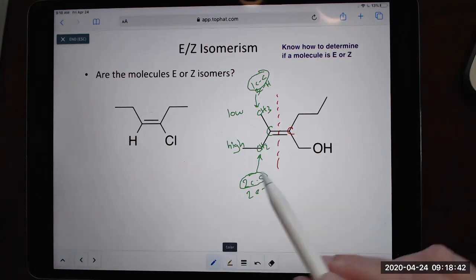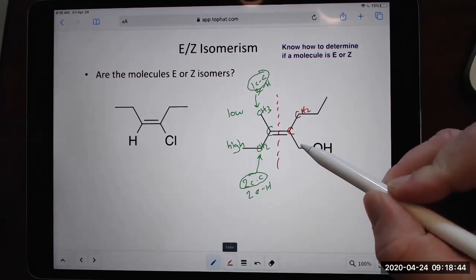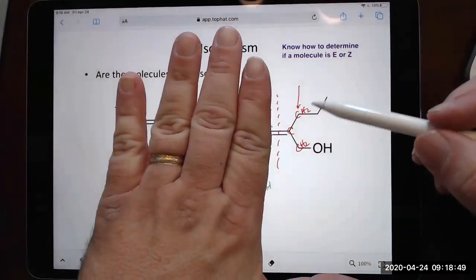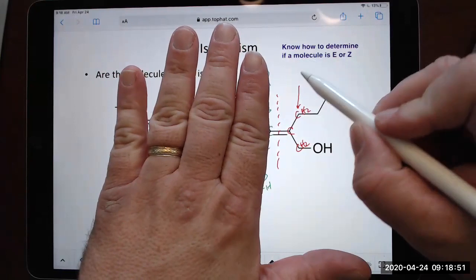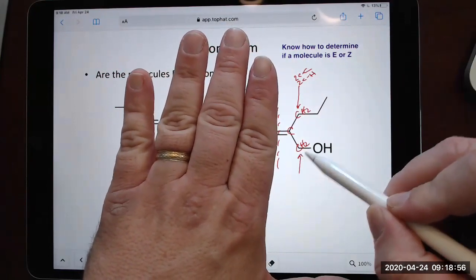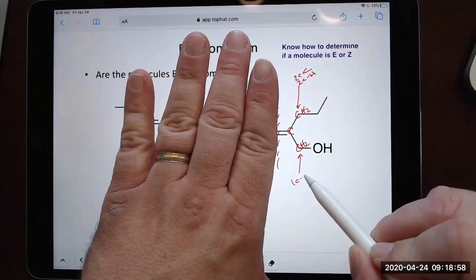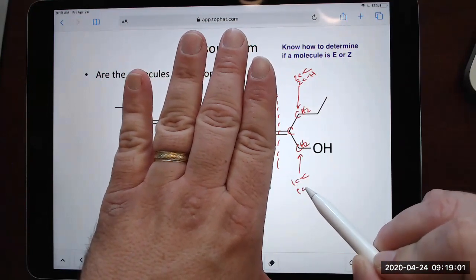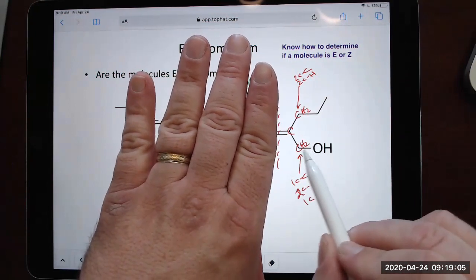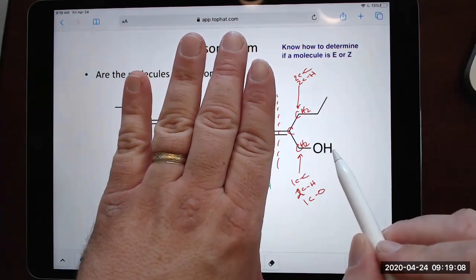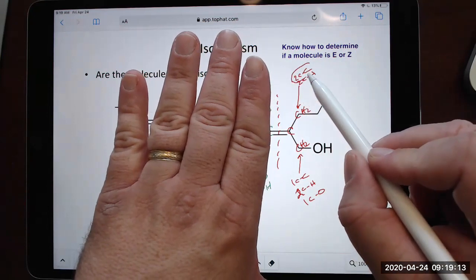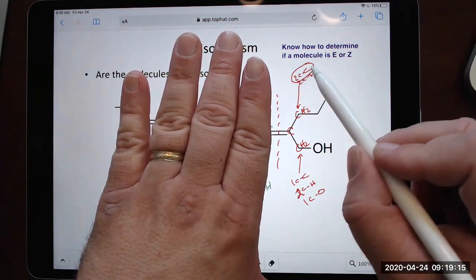For the red ones, it's going to be this CH2 versus that CH2. For this one, we have 2 carbon-carbon bonds, 2 CH. And then for this one, we only have 1 carbon-carbon, 2 CH, and then 1 CO bond. Now the OH, we don't care about that because it's not directly attached to the carbon. For here, the heaviest bond is carbon-carbon.